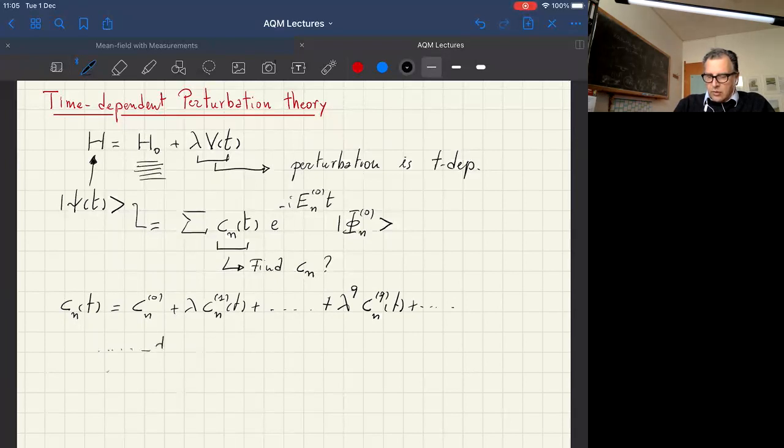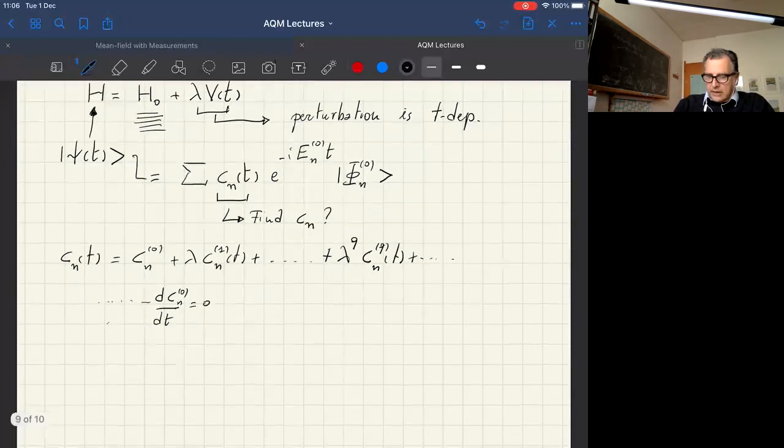The first equation was dC0 of n dt equal to 0. And then dCq of n dt was related to C q minus 1.